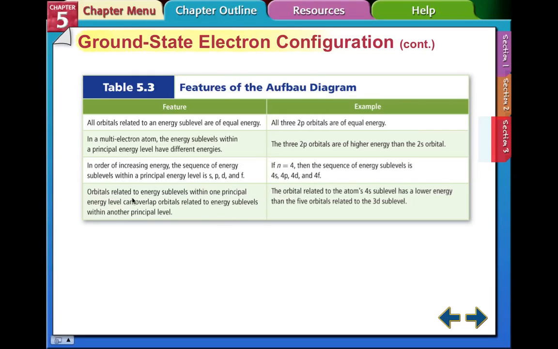Orbitals relating to energy sublevels within one principal energy level can overlap orbitals relating to energy sublevels within another principal level. So here's the example. The orbital related to the atom's 4s sublevel has a lower energy than the 5 orbitals relating to the 3d.